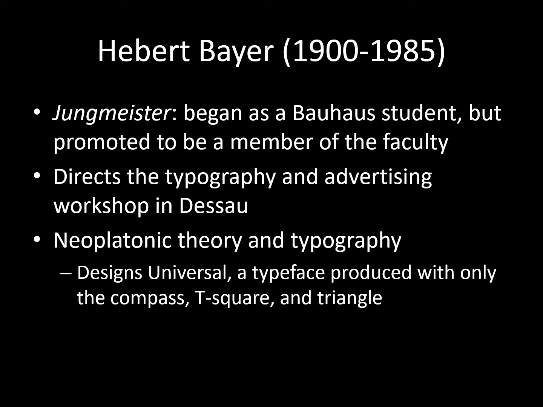His approach to typography is deeply influenced by that same Neoplatonic theory that we talked about in De Stijl. He believes that typography should communicate across national boundaries, and he designs a typeface that he calls universal because it's produced with only the compass, T-square, and triangle, and so he felt that it could be applied universally in every situation.